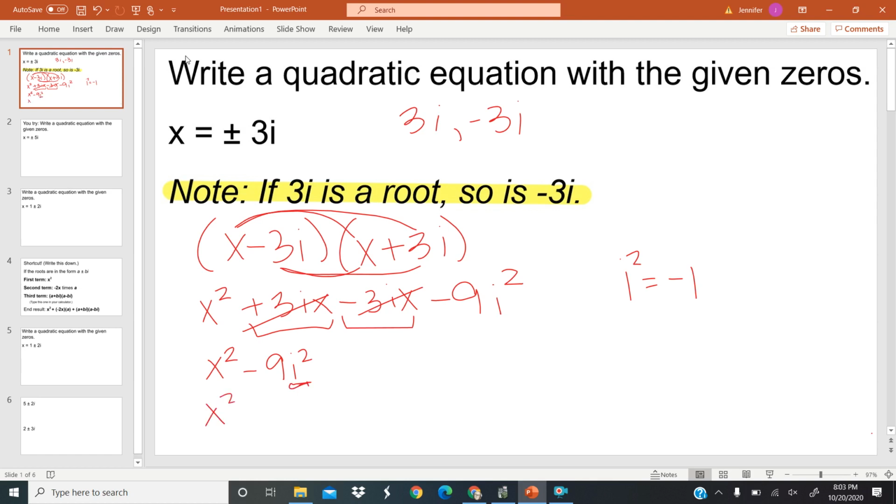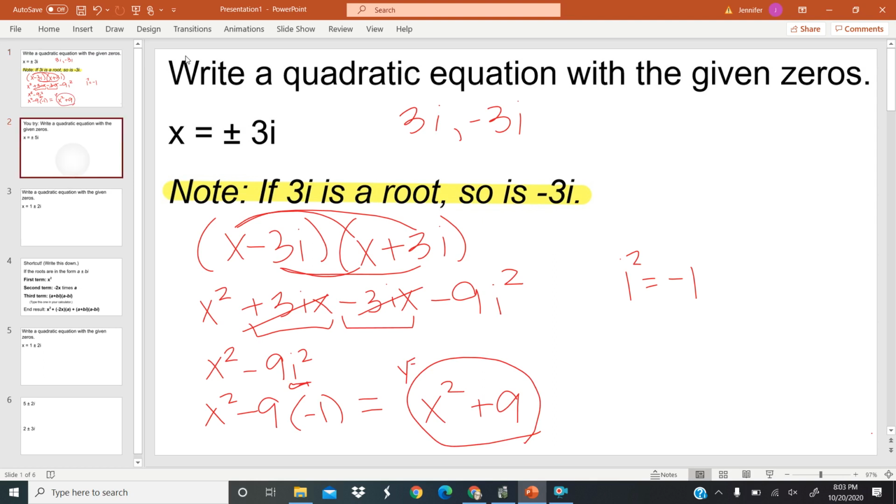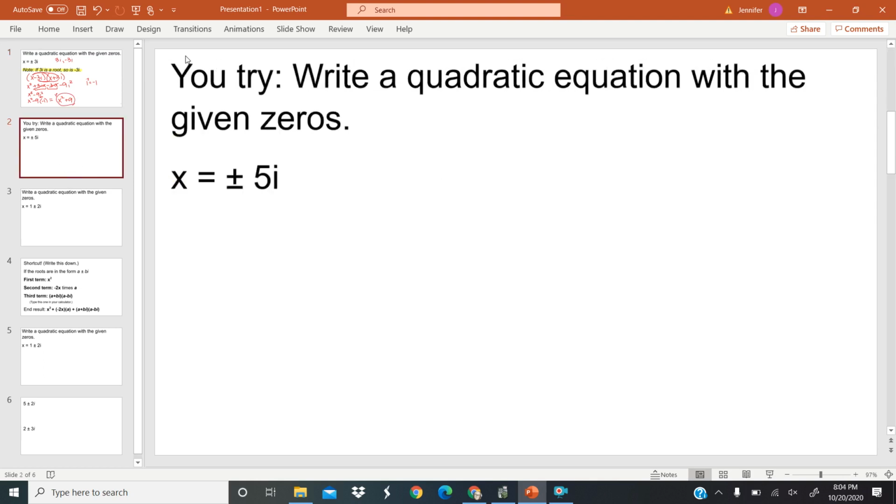So we're going to have x squared minus 9 times negative 1. And if we simplify that all the way out, we're going to end up with x squared minus 9 times negative 1 is going to give us plus 9. So if you're given the roots plus or minus 3i, that's going to come from the equation y equals x squared plus 9.